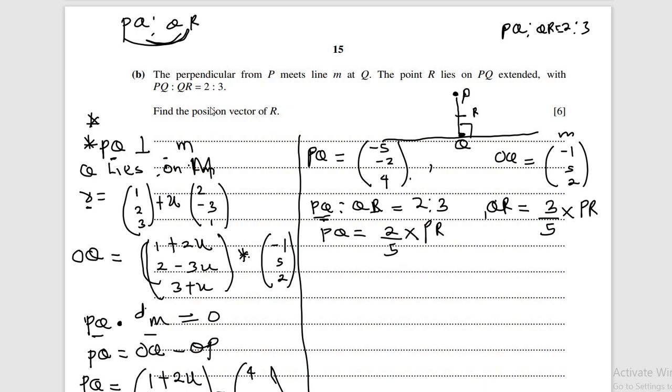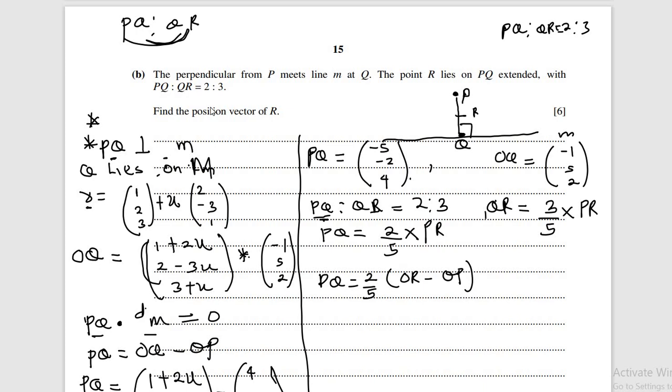But the question asks us to find the vector R. Since PQ is 2 over 5 of PR, what is PR? OR minus OP. We are looking for OR.